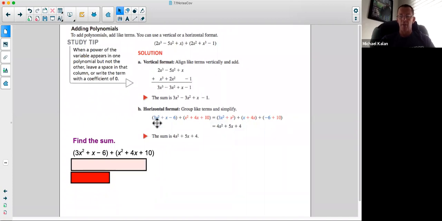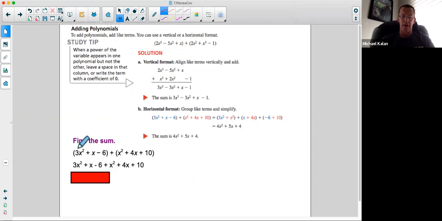Horizontally, one way might be to combine your like terms and write them using parentheses. You're welcome to do that. Another way would be to distribute, and I'll show you this here. And then what I like to do, just to make things easier, is circle like terms.